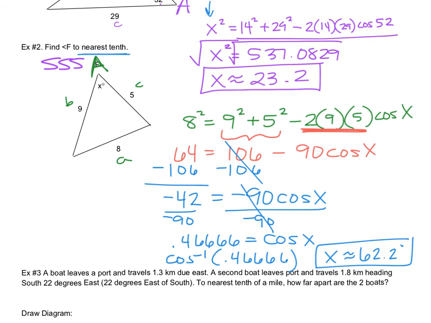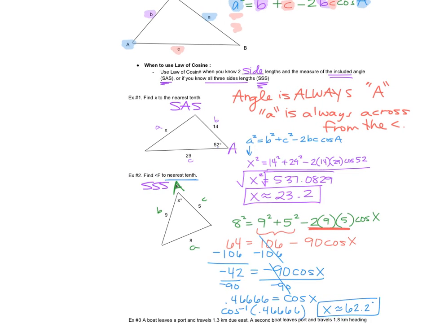But the way you can tell, like the book way they say, is look for SAS and SSS is law of cosines. If it's, what were they, AAS, ASA, and ASS is law of sines. Okay. But I think that's way too much to remember. I always look for law of sines, angle, opposite, angle, opposite. If I have 3 of those 4, I do law of sines. If I don't, it's going to be law of cosines. Okay?